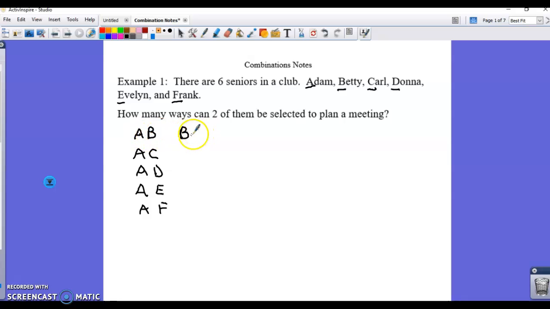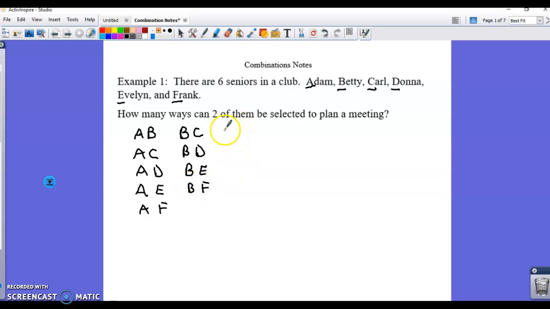It would be redundant to list that because it'd be the same pair. And you can't list BB because you can't repeat. This is an independent situation. So Betty would go with Carl, Betty with Donna, Betty with Evelyn, and Betty with Frank.